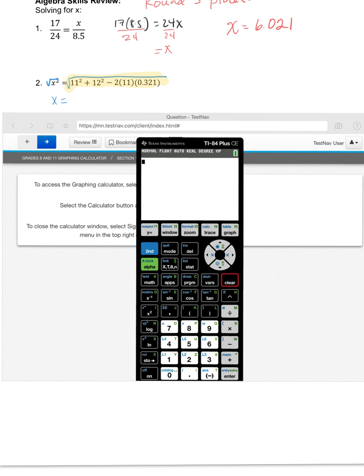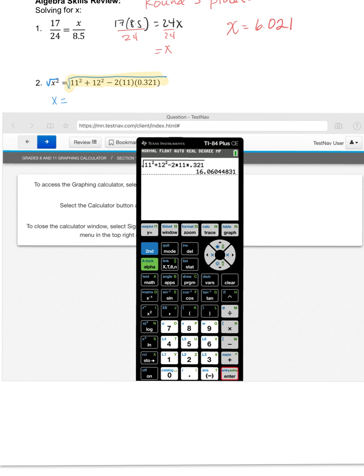In our calculator, we're going to hit second square root, and then I'm just going to put 11 squared plus 12 squared minus 2, and I'm just going to use times. I don't even have to put it in any type of parentheses, because one thing nice, the calculator does order of operations for you. I'm always going to exit out, make sure, and then hit enter.